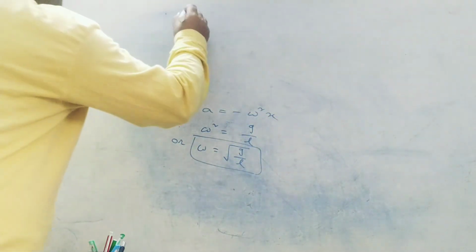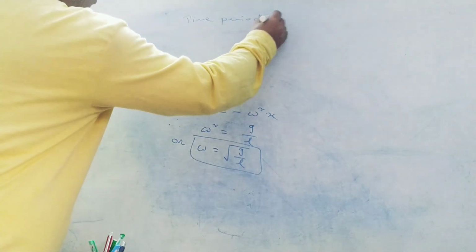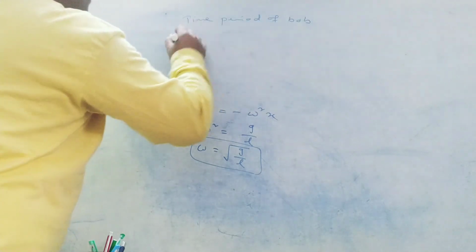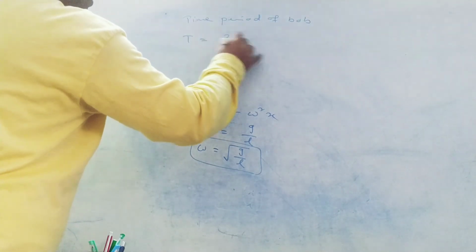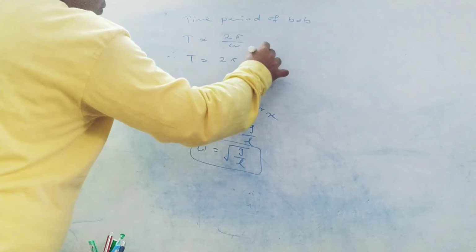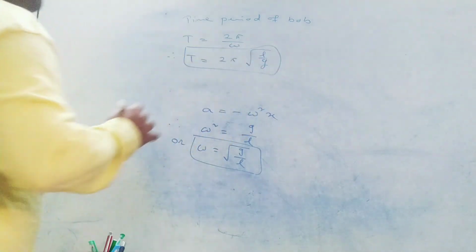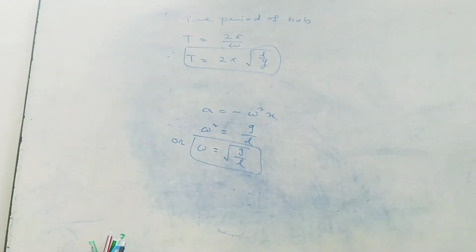The time period T is equal to 2 pi by omega. Therefore T is equal to 2 pi root of L by g. This is the expression of the time period of the simple pendulum.